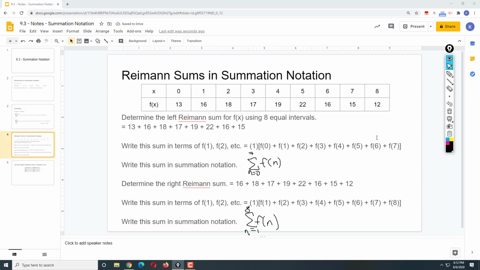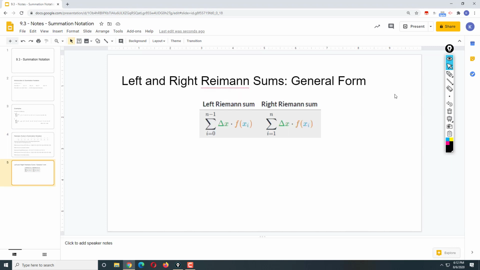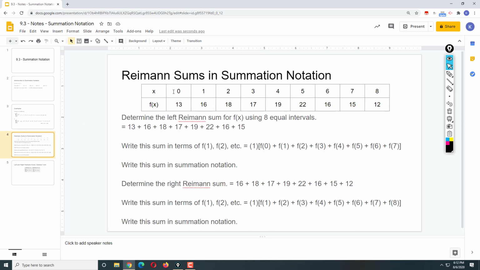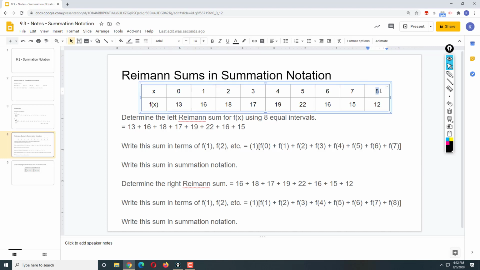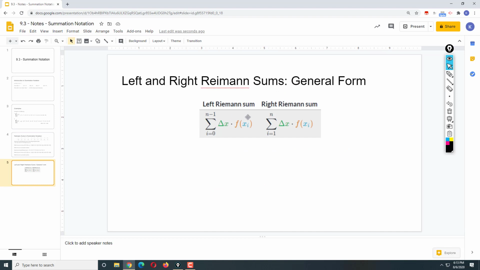This takes us to a general formula for left and right Riemann sum using summation notation. So we know that left Riemann sum starts at 0 and goes to n minus 1. For example, in our problem, x goes from 0 to 8. Our left Riemann sum will go from 0 to 7. The right Riemann sum will go from 1 to 8. What are we summing?